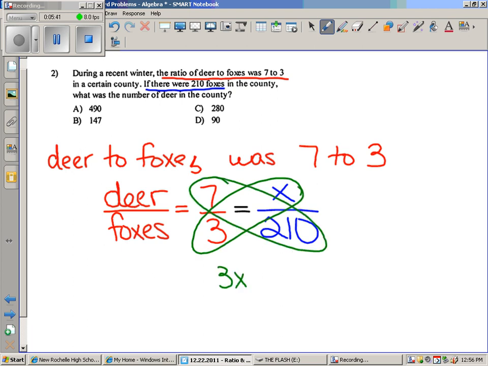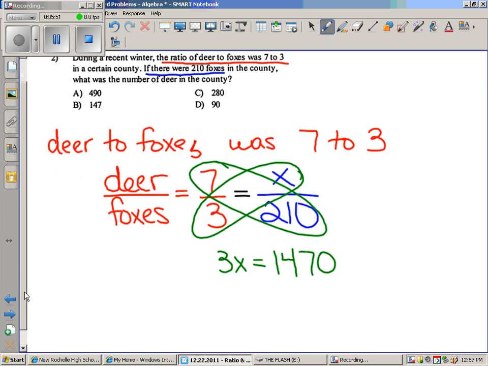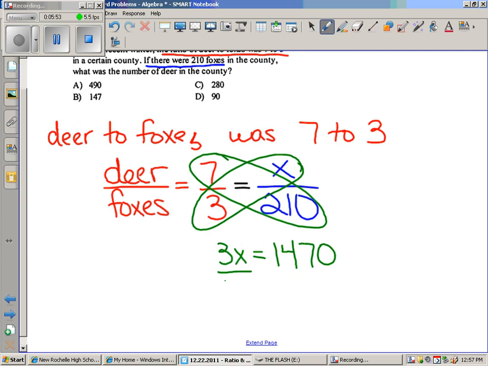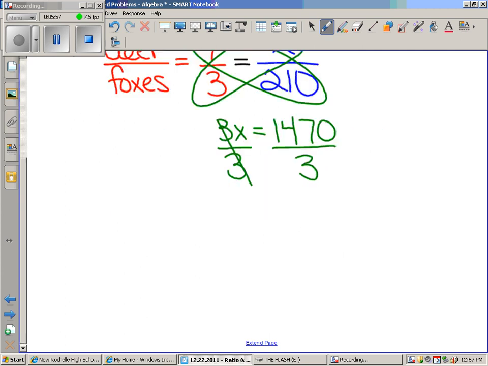So that's 3x equals, what's 7 times 210? 1470, right? Let's divide both sides by 3. What do you get? What's 1470 divided by 3? That's it. That's the answer.